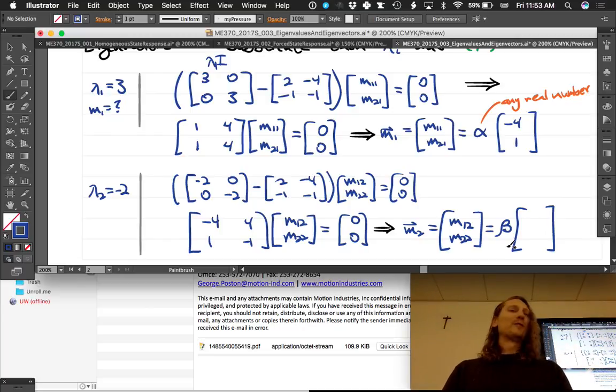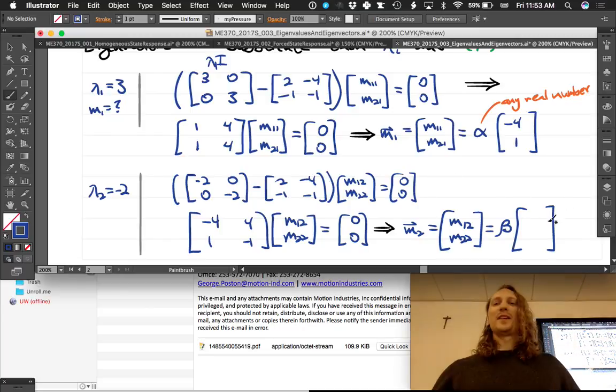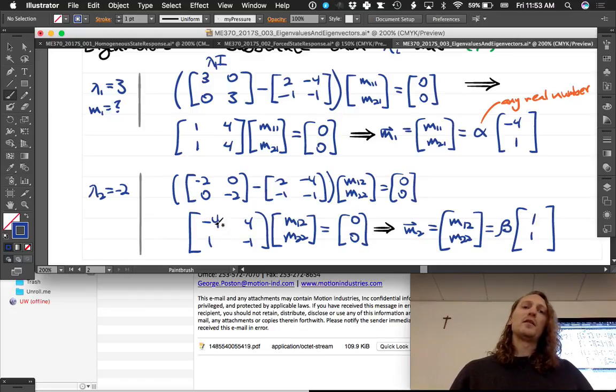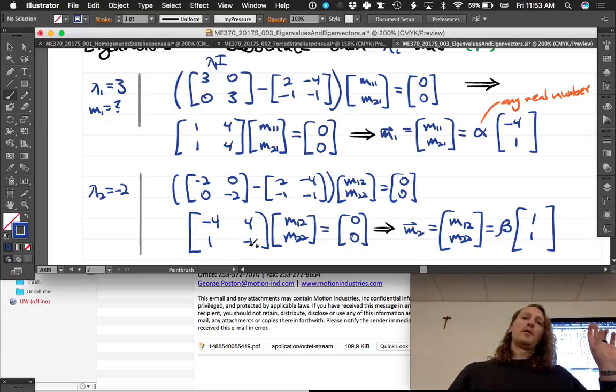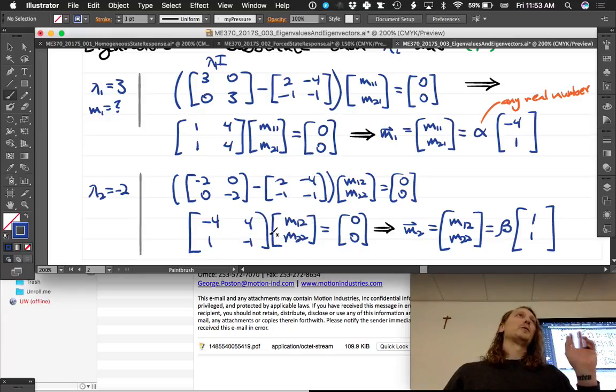So 1 works in this case. That's pretty easy. 1 and 1 works because 1 times negative 4 plus 1 times 4 equals 0. And the second row, it also works. It should work for both. You only really have to do one, but it's kind of good to do multiple to make sure that you have it correct. 1 times 1 is 1. Negative 1 times 1 is negative 1. So 1 minus 1 is 0. And it should work for both rows.